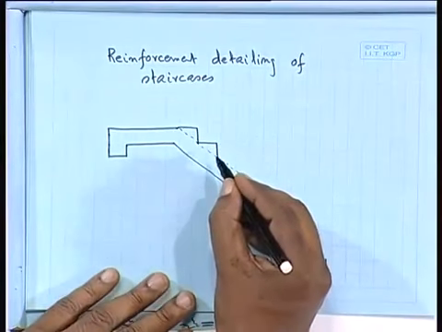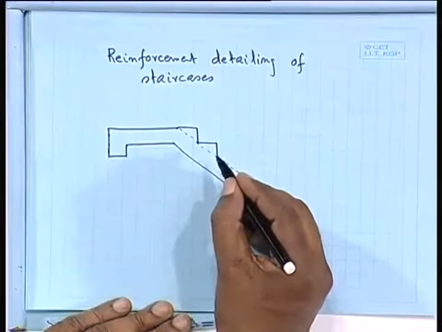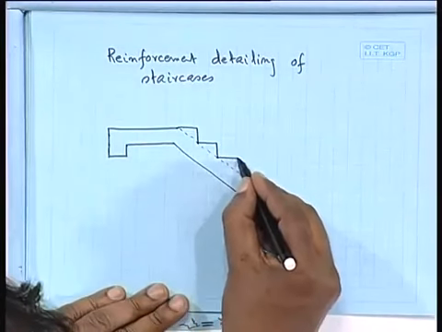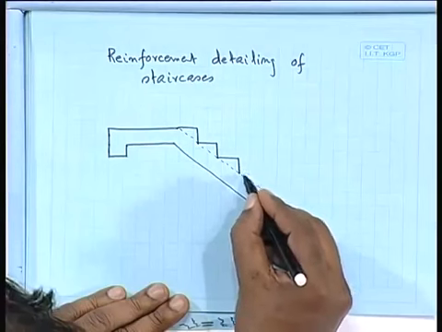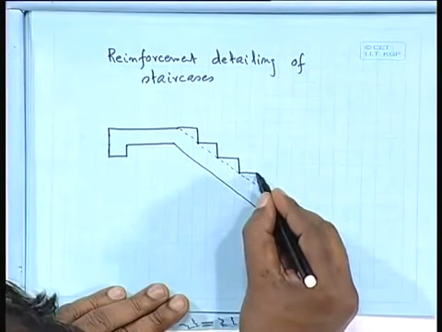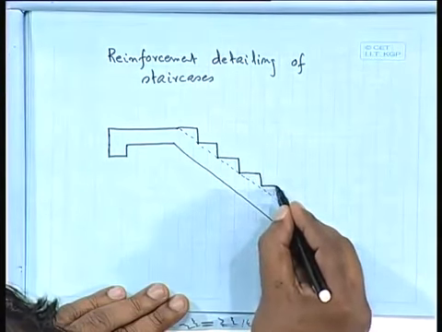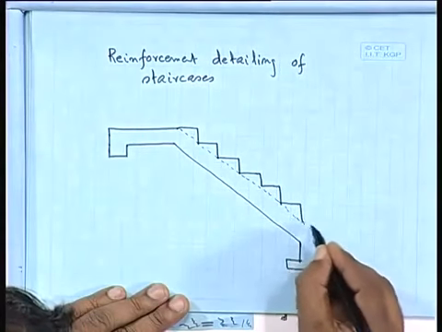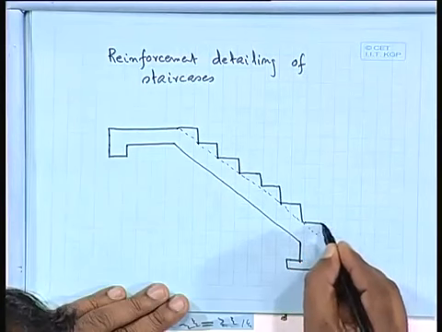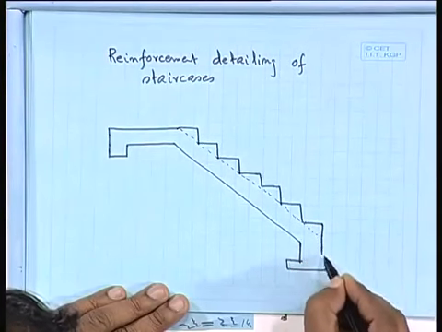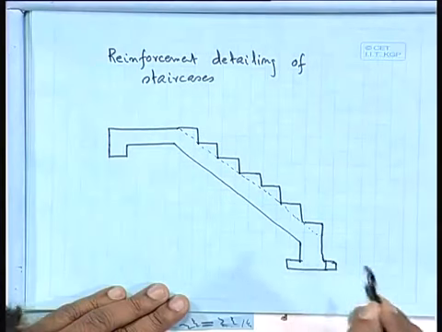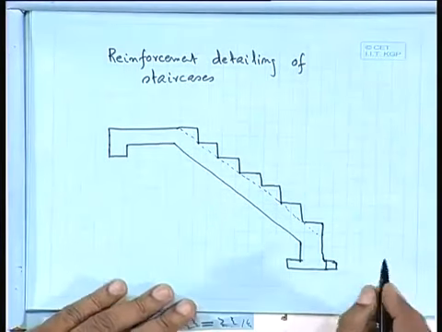The steps can be made of bricks, or steps can be made of, say, concrete also. Let us say it is like this. We are getting some kind of thing like this.